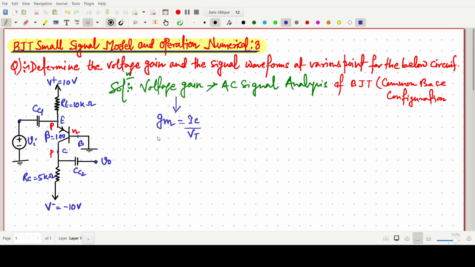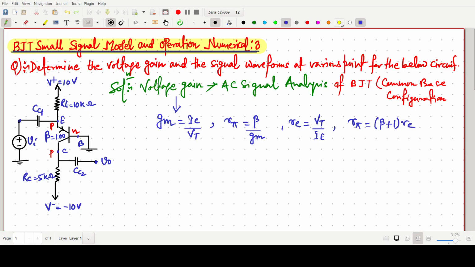For any small signal model, these are the important parameters: r pi, that is beta by gm, and re, simply VT by IE, and one more relationship, r pi equals beta plus 1 times re.